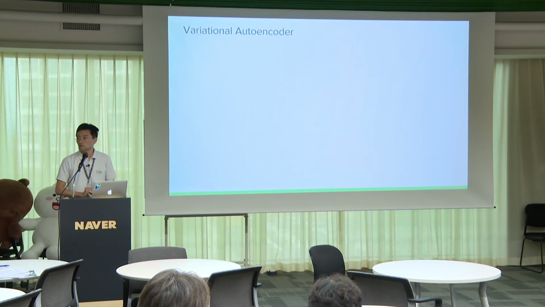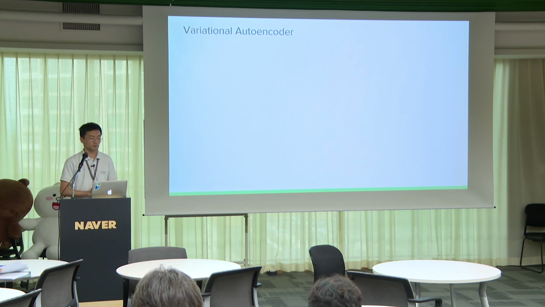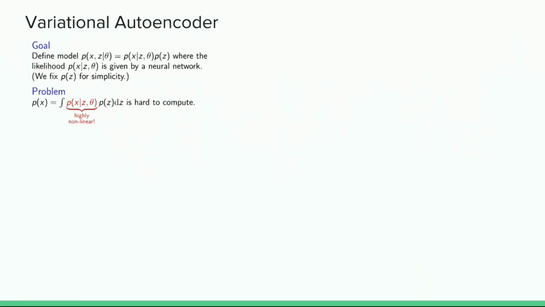So the instructor later introduced variational autoencoders. In an autoencoder, our goal is to encode the data X into some latent variable and reconstruct X. But the likelihood is hard to compute given the latent variable.